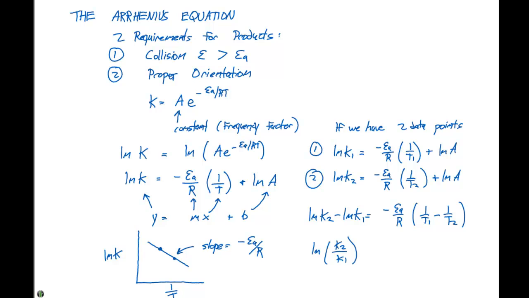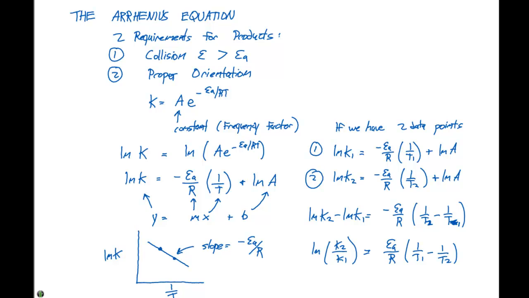Remember, when we have two expressions inside a natural log like this, that's like subtracting them. That's going to equal Ea divided by R times 1 over T1 minus 1 over T2. I noticed I had a mistake here when I initially put this expression in. T2 should be this, and this one right here should be T1.